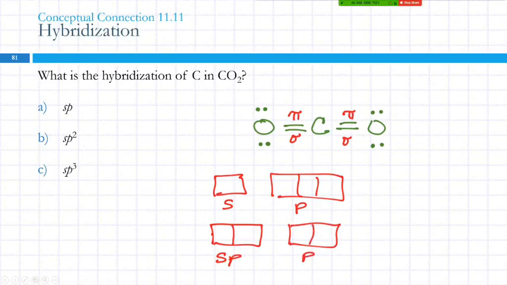So these are the hybrid orbitals that are going to form the sigma bonds, and these unhybridized p orbitals are going to form the pi bonds. So this is sp hybridization.